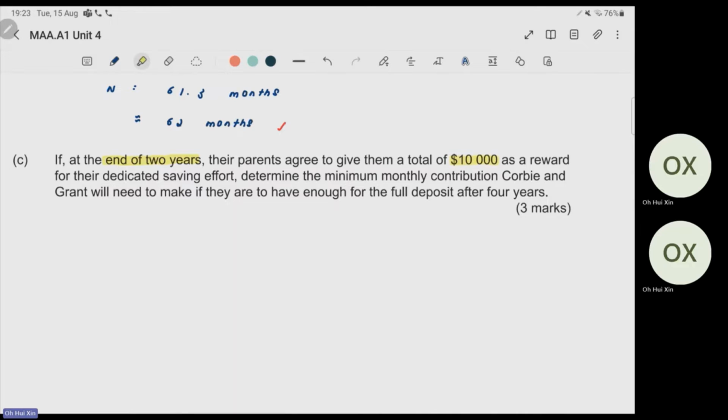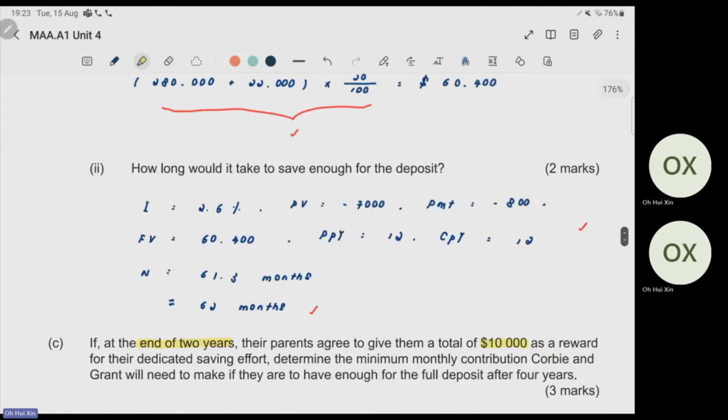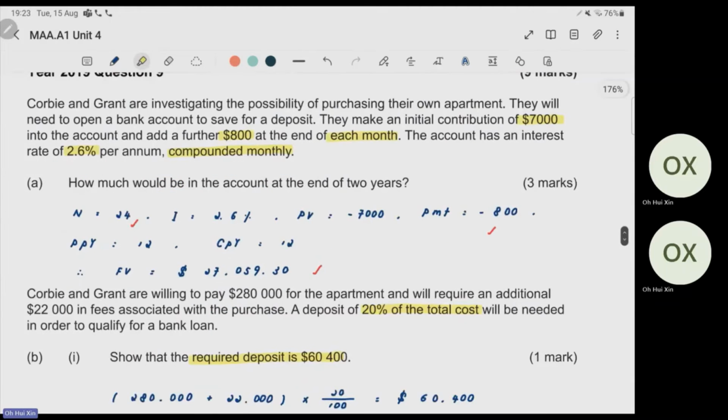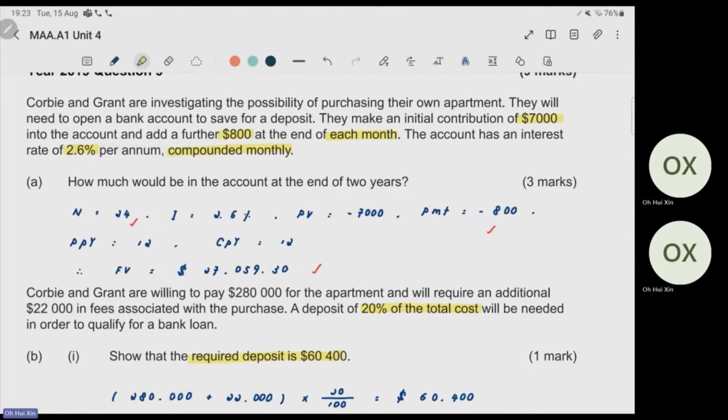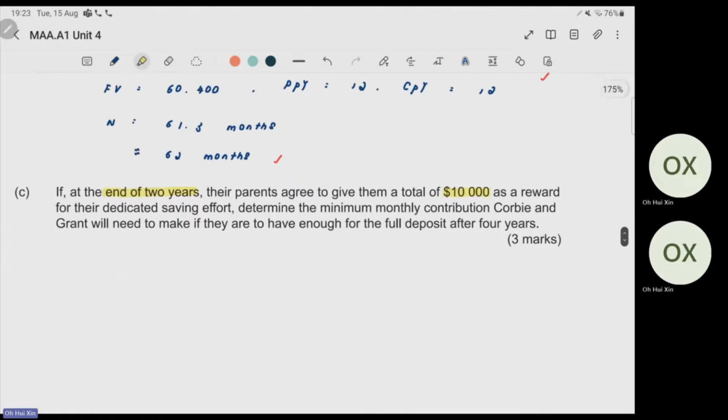So you can understand that at the end of the 2 years, the value that you have is your answer from part A, which is the result of their own saving, plus the 10,000 given by their parents.